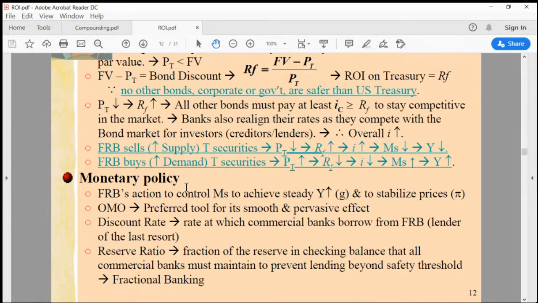Endogenous cause of interest rate change is the business cycle, right? When the economy is good, the economy is booming, more businesses will want to expand, right? And as they want to expand, they will need capital injection. So how do they supply that capital?